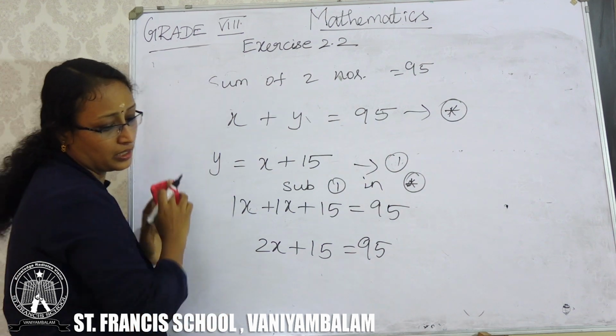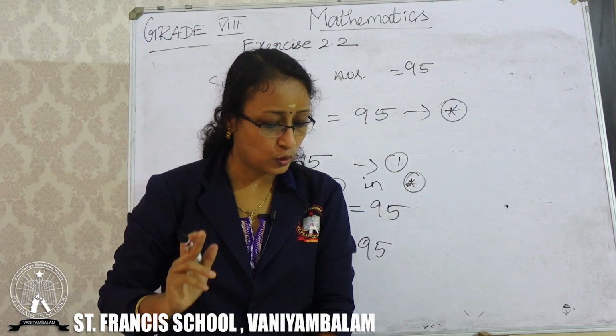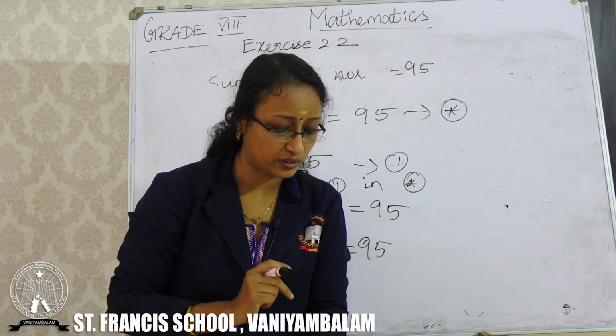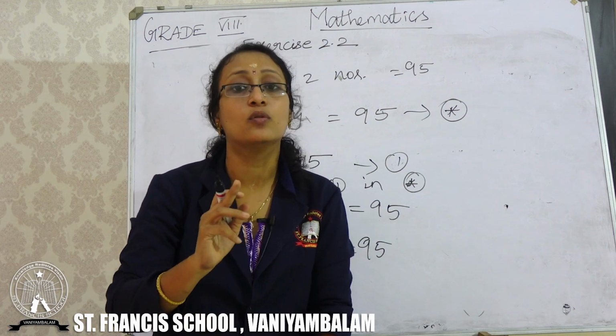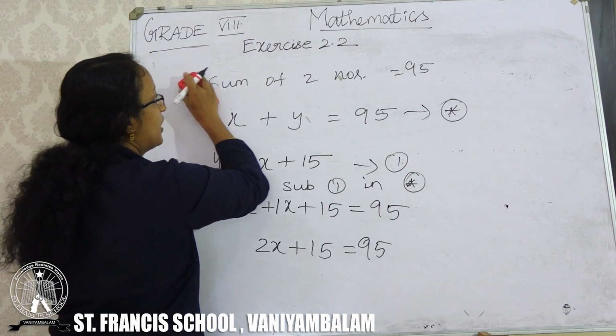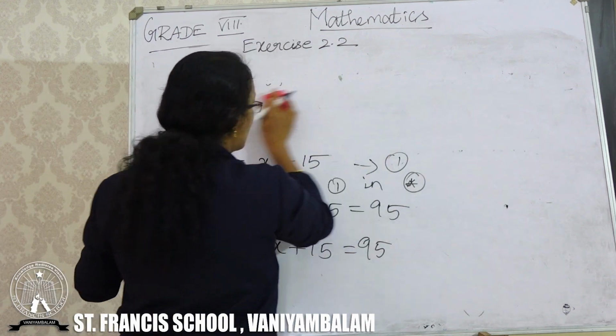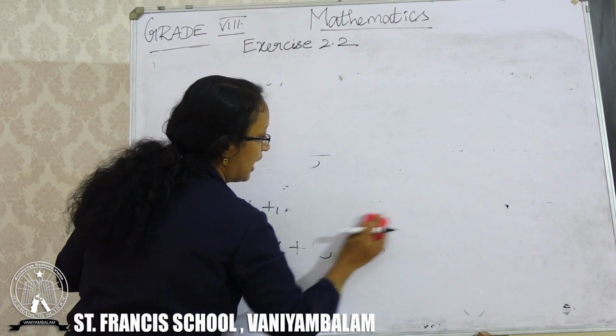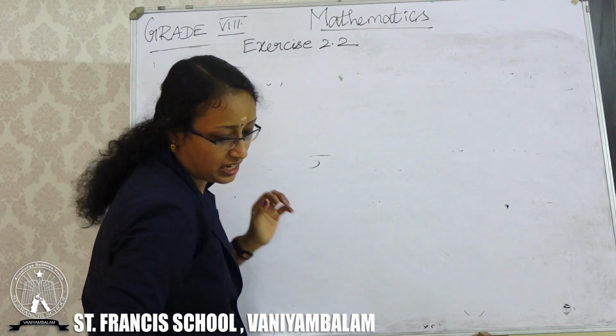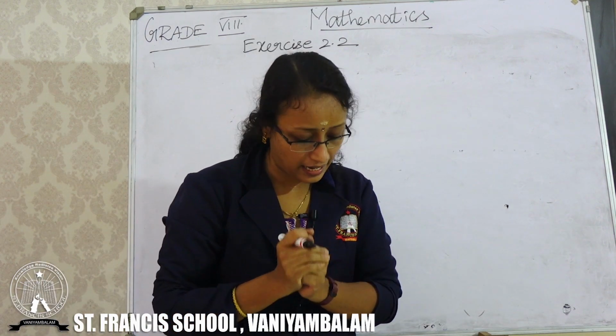Next problem, fifth problem. Two numbers are in the ratio 5:3. If they differ by 18, what are the numbers? It is given the ratio is 5:3 and they differ by 18.